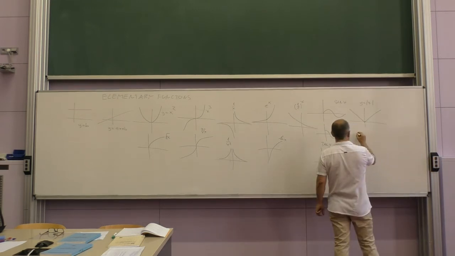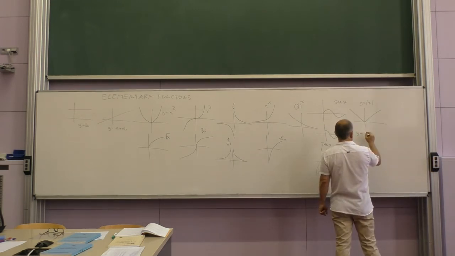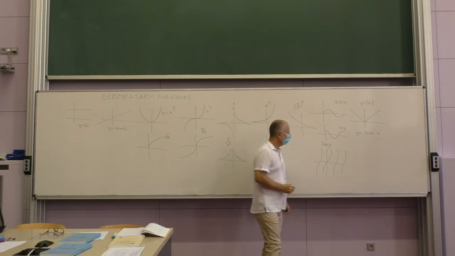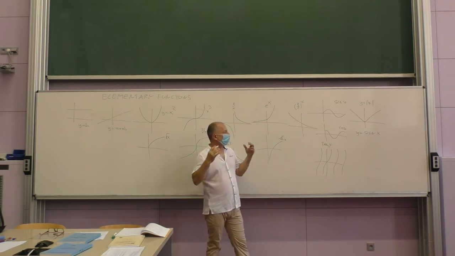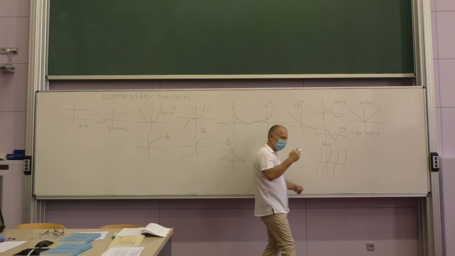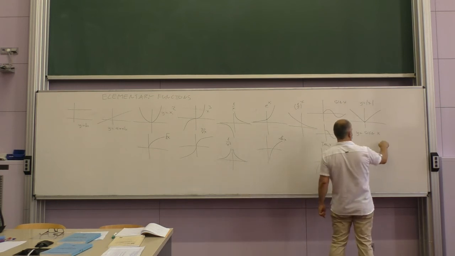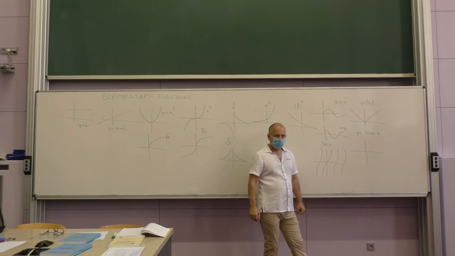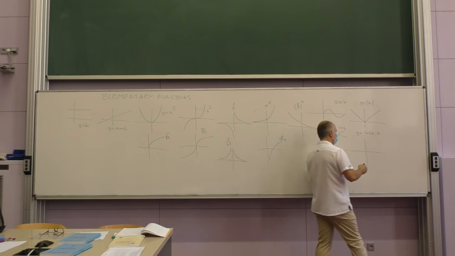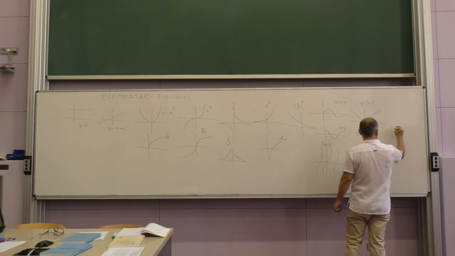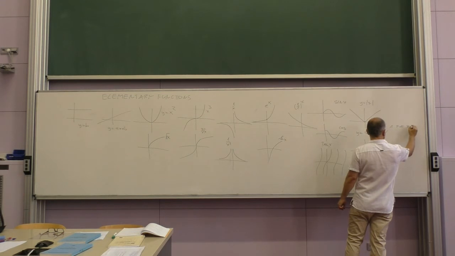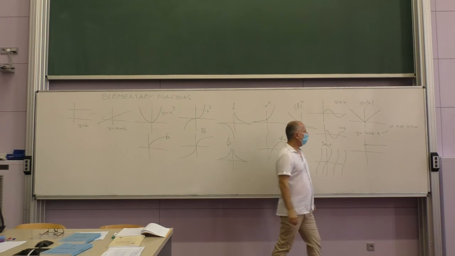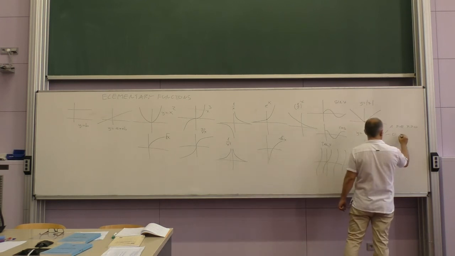Then we have an important function called signum or sign, which denotes whether there is plus or minus at the beginning of writing the value of x. If x is positive, the sign of a positive number is plus 1. If the argument is 0, the result is 0.